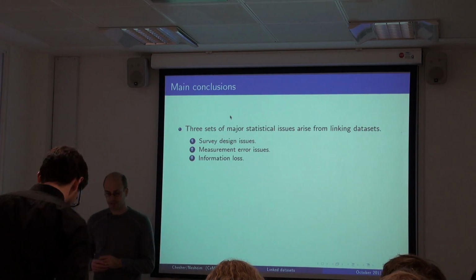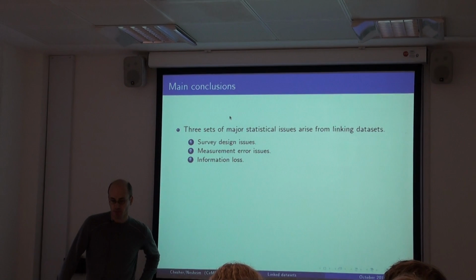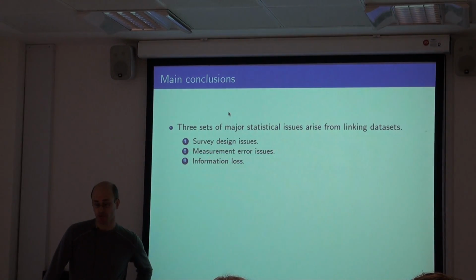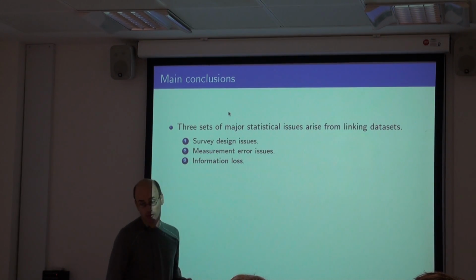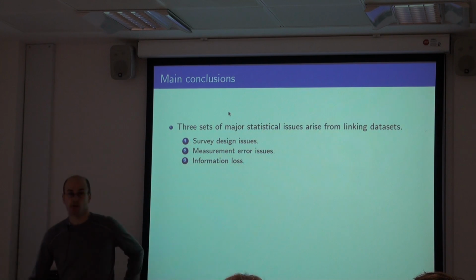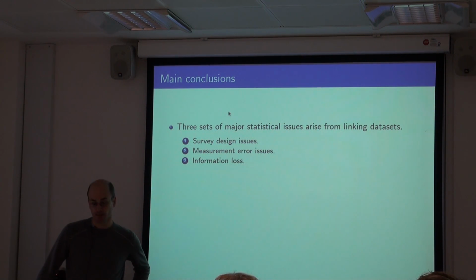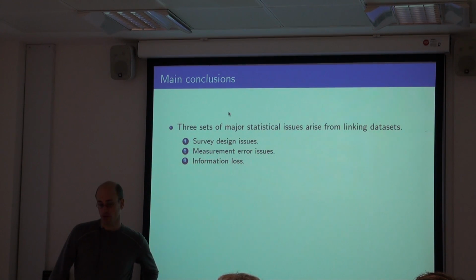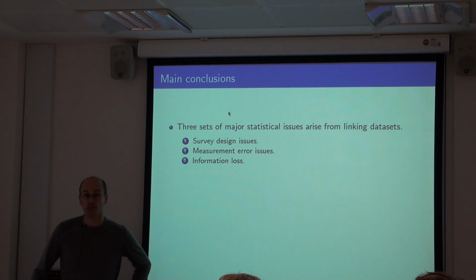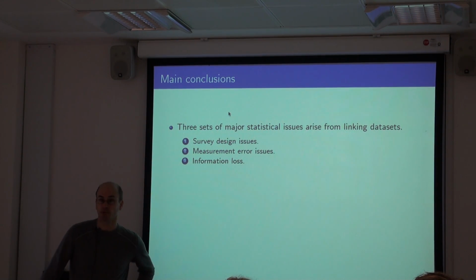When you link data sets, there are three major sets of statistical issues that arise. Survey design issues. The gold standard of a survey would be a randomized sample, so you don't have to worry about weighting or anything like that. But most surveys, because of cost issues, are complex survey designs. So it's either a stratified random sample or sometimes even non-probabilistic sampling or choice-based sampling.